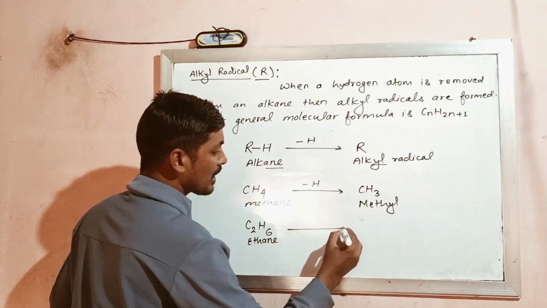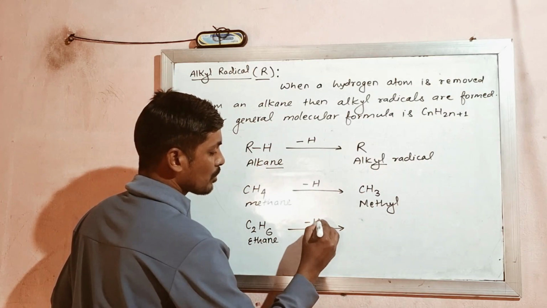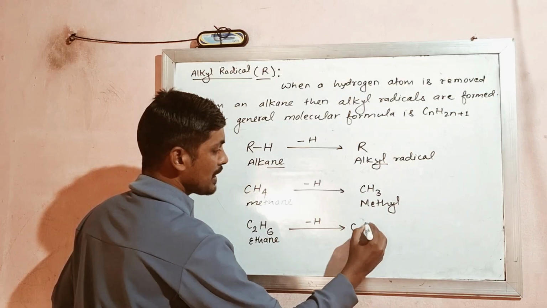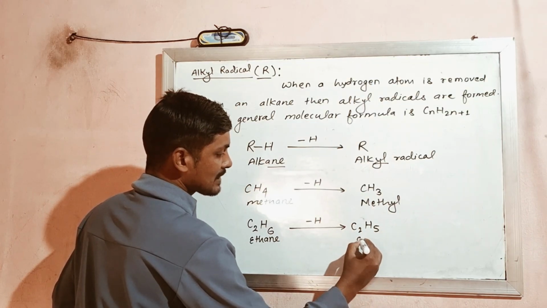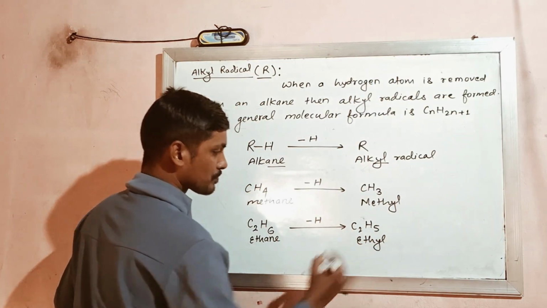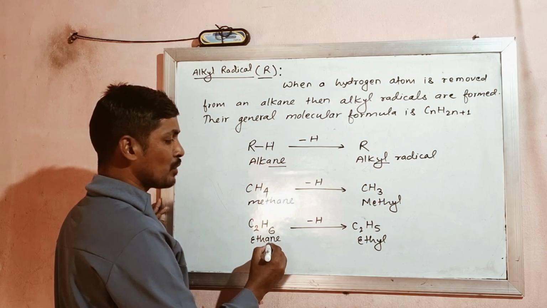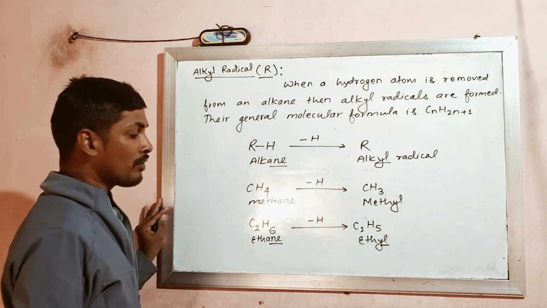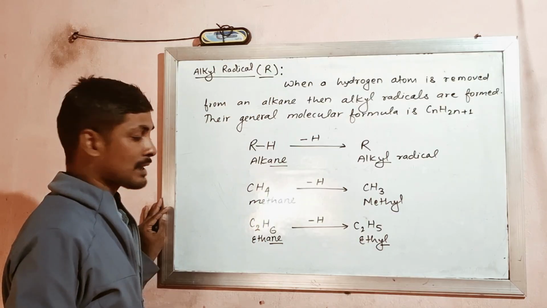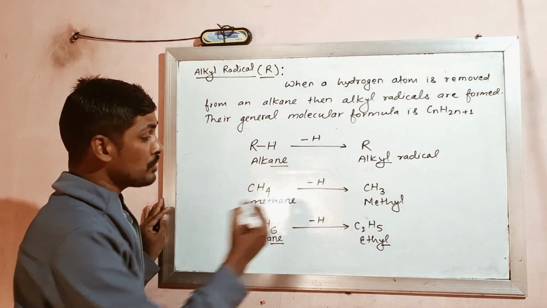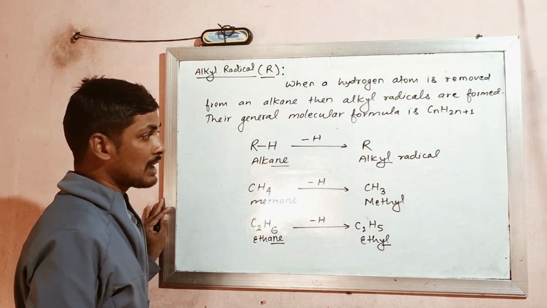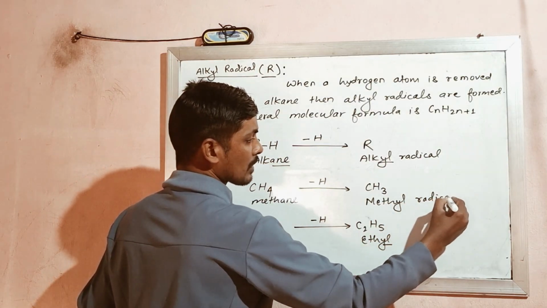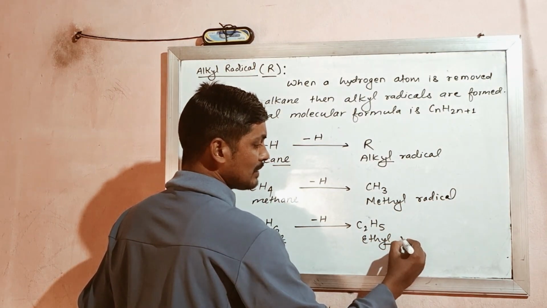From ethane, if one hydrogen is removed, what is formed? C2H5, that is ethyl. Simply remove the A and E and add YL in the name of that alkane to get the name of the alkyl radical. So this is methyl radical, this is ethyl radical.